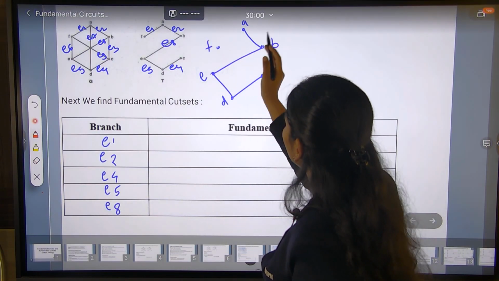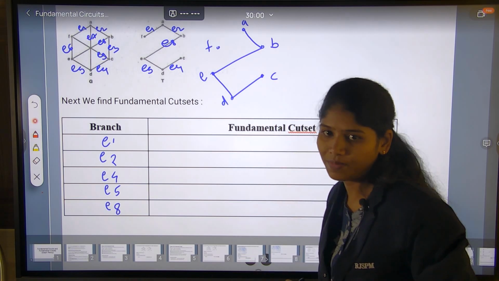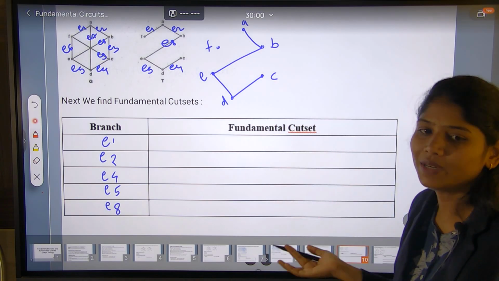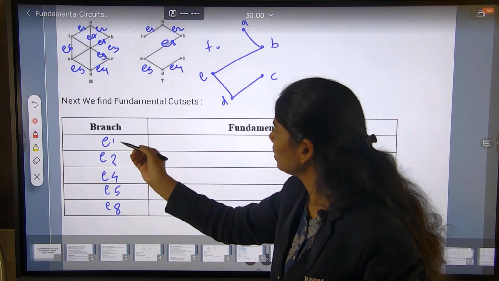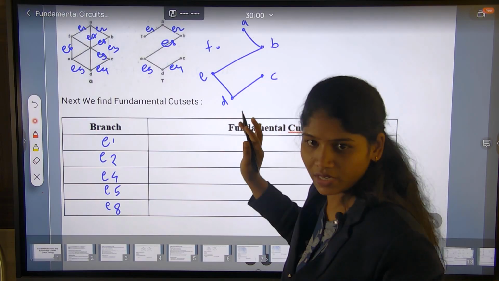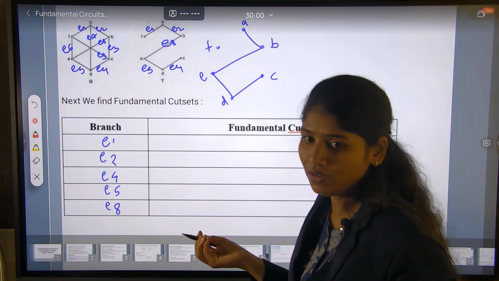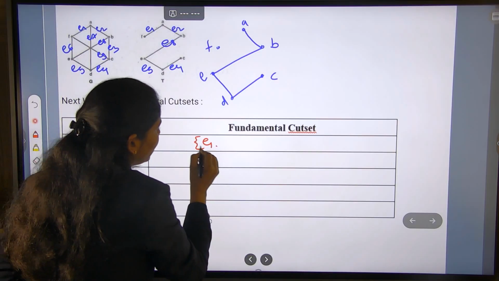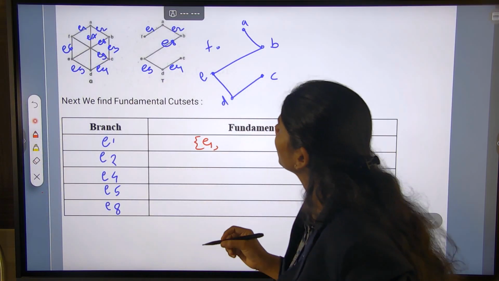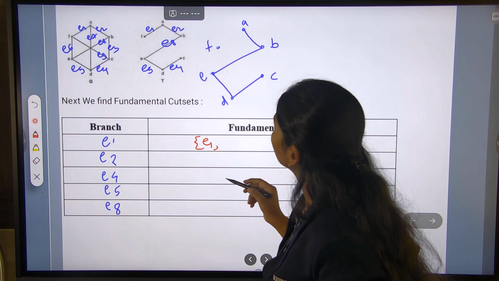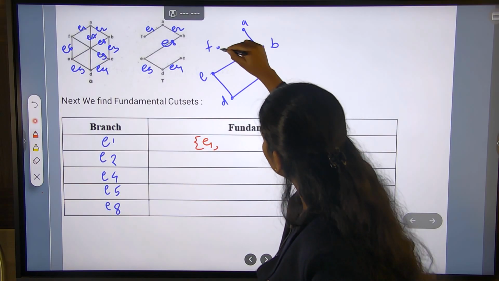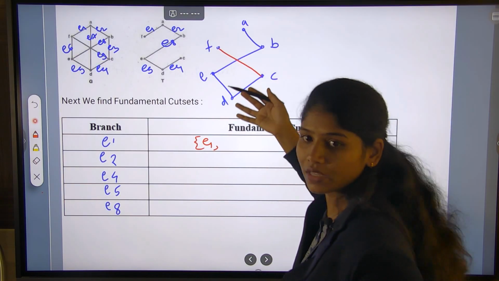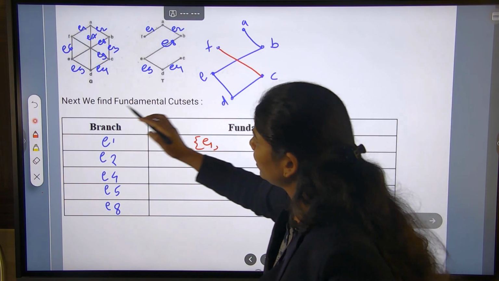F is separated; A, B, E, D, C are together. So we need to write the fundamental cut set. E1 itself: if we join E1, we get the connected one. Therefore E1 itself creates a fundamental cut set. So write down E1. Then if we join E9, we get the connected one. Therefore E9.